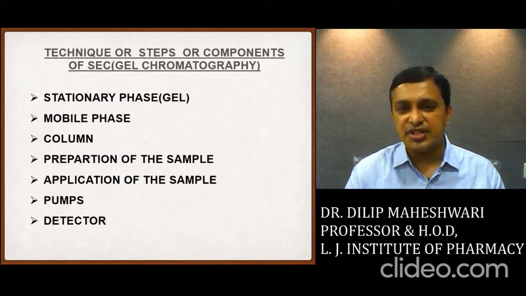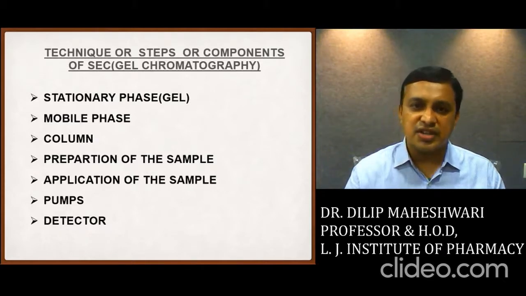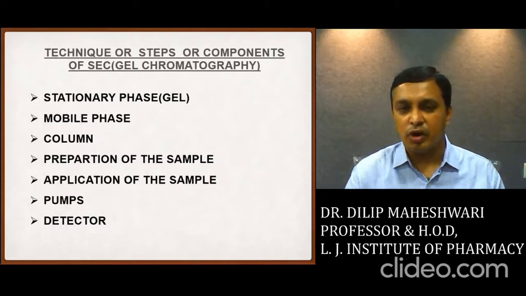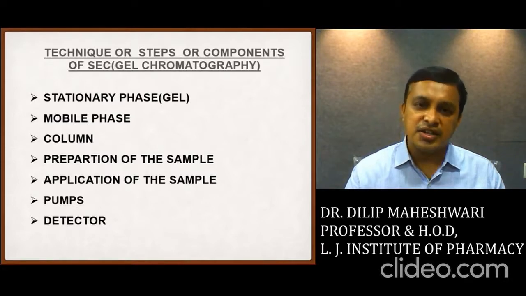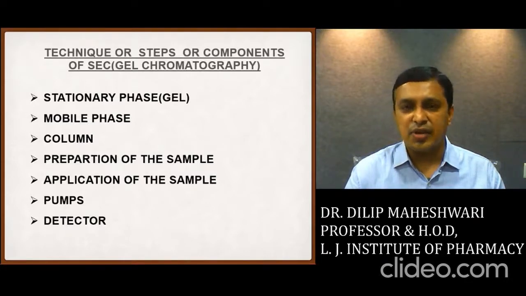In a semi-rigid gel, it can swell 20 to 30% more than the original volume. And a rigid gel is available in a physical form. When you prepare it in some solvent, it increases only 1% to 2% over the physical volume.